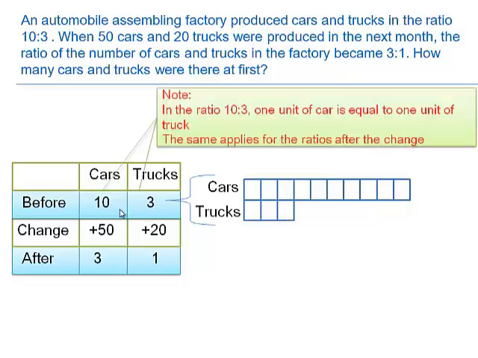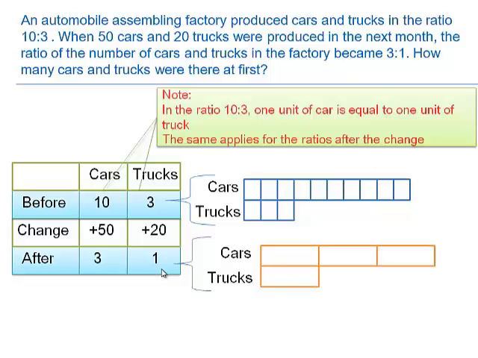As mentioned, in the ratio 10:3, 1 unit of car is equal to 1 unit of truck. Because they are in ratio, their unit sizes would be the same, right? And the same applies for the ratios after the change. So this is shown here: 3 units of cars and 1 unit of truck.